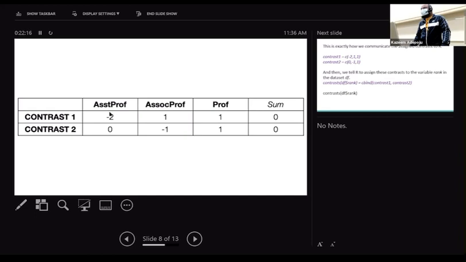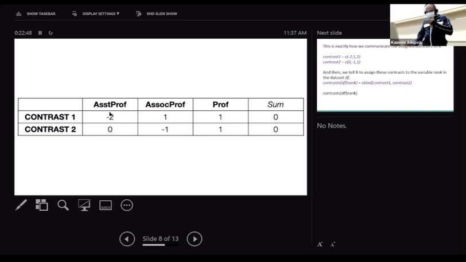I'm going to say that again. On Friday, when I solved a problem that looked like this, I was using fractions as weights: for the associate professor and professor, 1/2, 1/2, and for the assistant professor, -1. But today I'm using whole numbers. Whether you use whole numbers or fractions, it's the same.